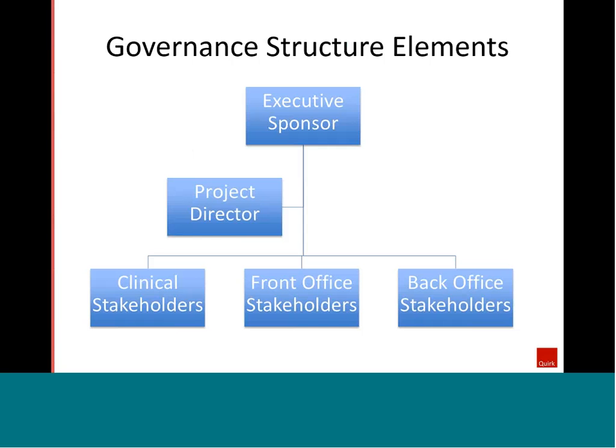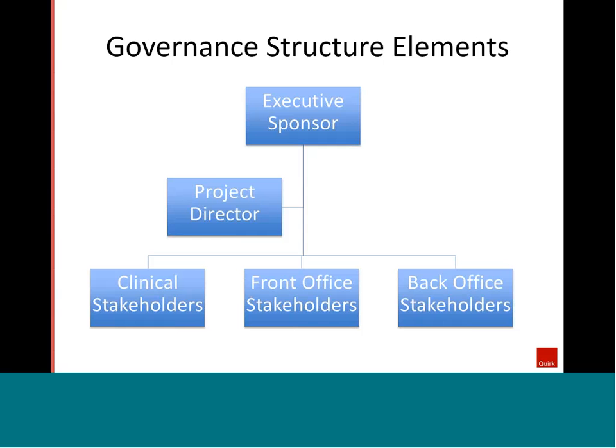And this is a very loose and perhaps a very simplified example of what a governance structure looks like. But essentially, these are the key elements of a governance structure. You have an executive sponsor, and this is the individual whose professional career ought to be at stake and tied in very closely with the success of the project.